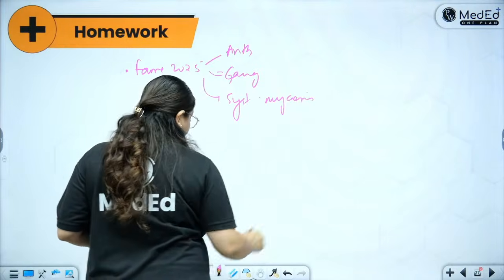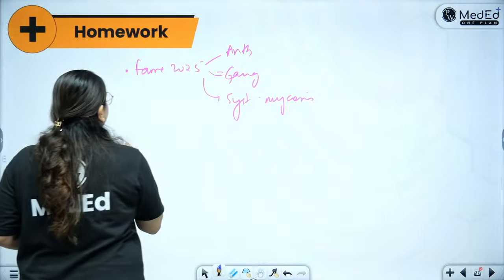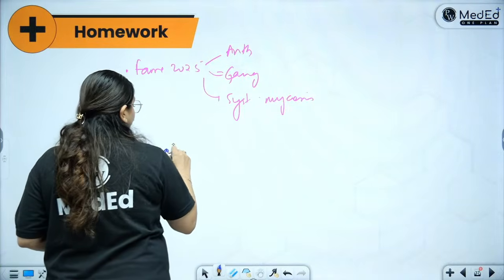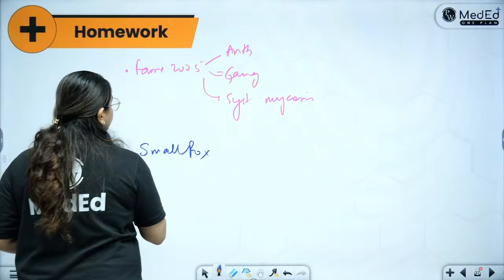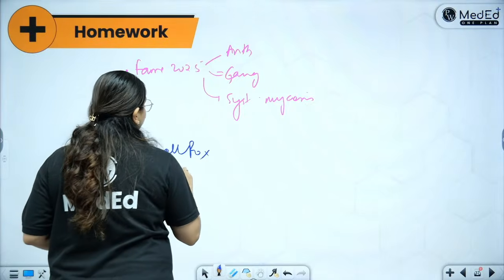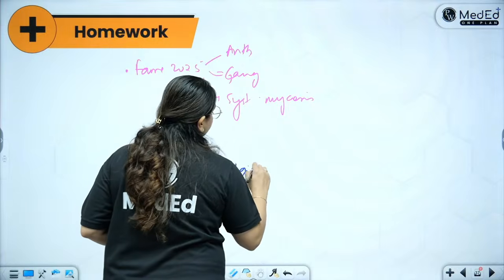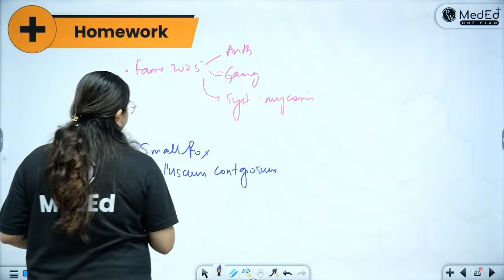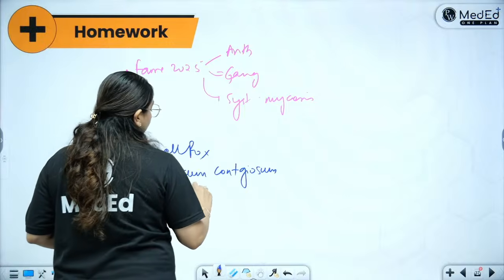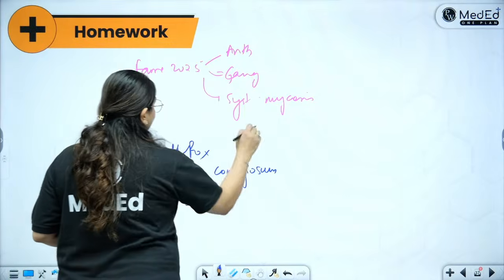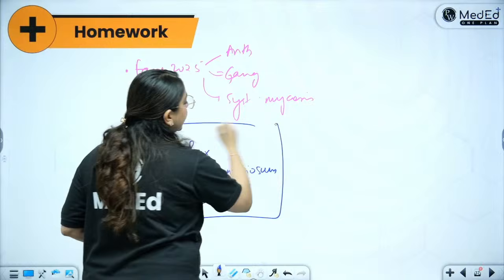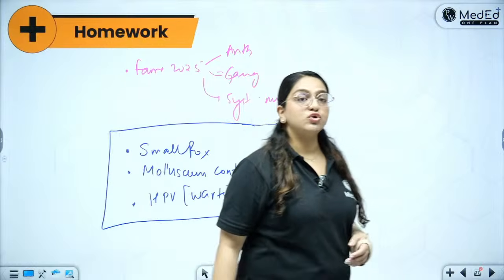Another thing that you can do is read up a little bit about smallpox, a little bit about molluscum contagiosum virus, and a little bit about HPV because it causes the warts. So simply read up a few lines about it and you're good to go.